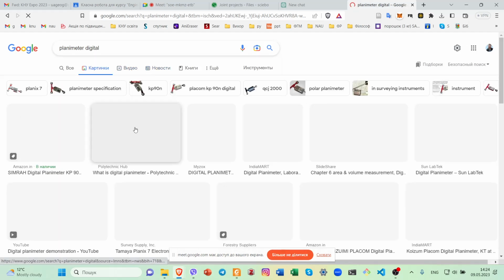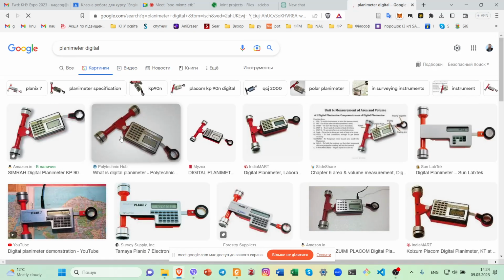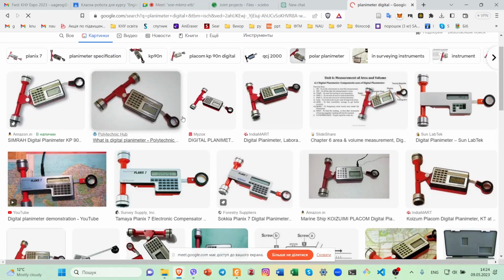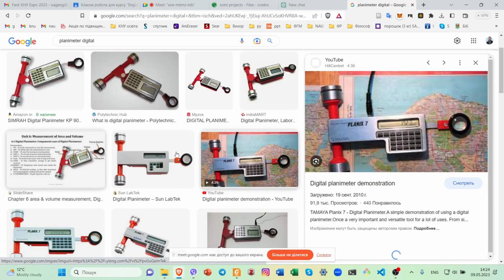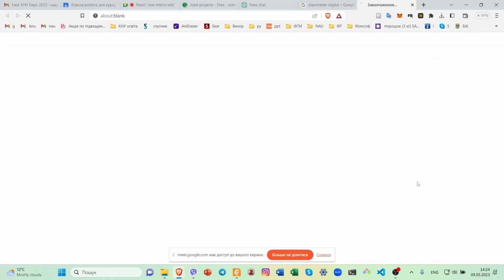You can buy this kind of instrument, as you can see. Here is a short explanation of the digital planimeter.